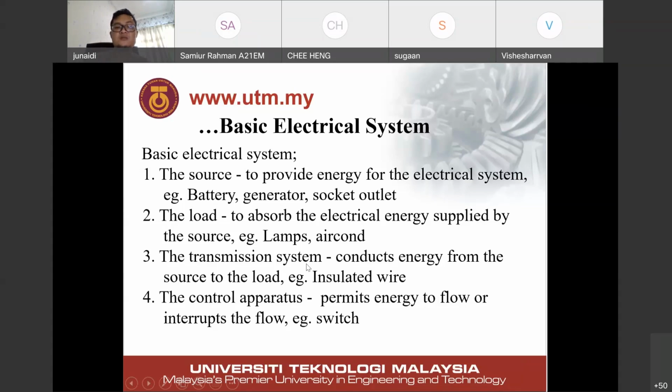Okay, so this transmission system usually involves conductors. It can be wire, insulated copper wire, or might be aluminium wire. It can be insulated, it can be non-insulated. Boleh jadi dua-dua.